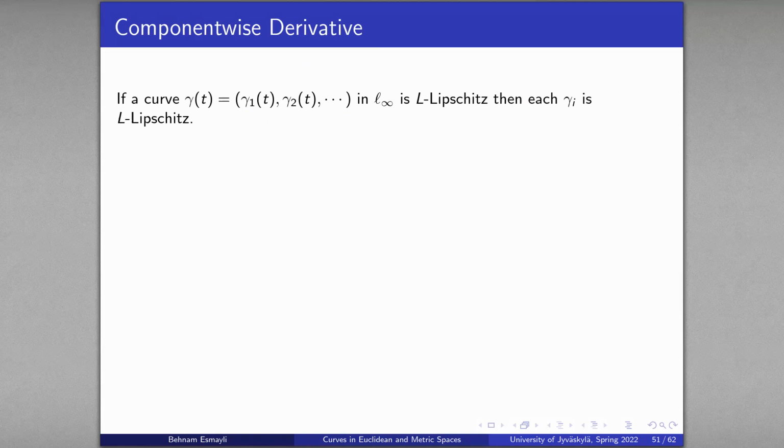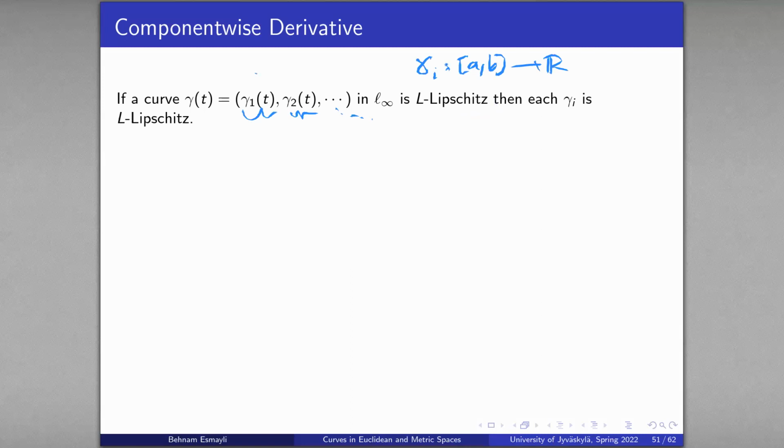We have seen before that the curve is L-Lipschitz if and only if each gamma_i is L-Lipschitz. Therefore, gamma_i is a function from [a,b] into the real numbers, and if it is Lipschitz, then it's differentiable almost everywhere. So this one is differentiable almost everywhere, this one is differentiable almost everywhere, and so on.